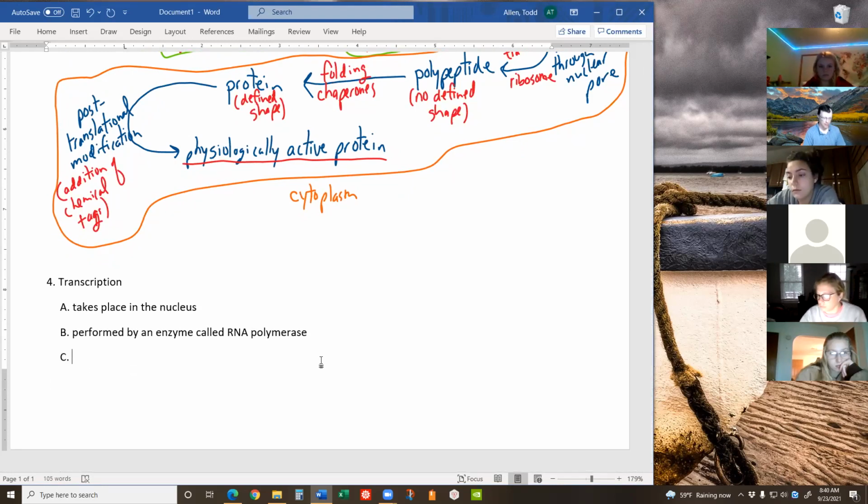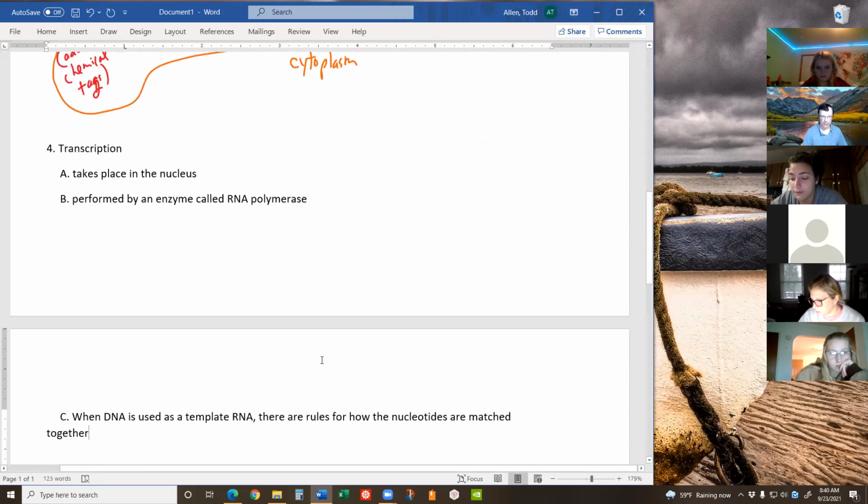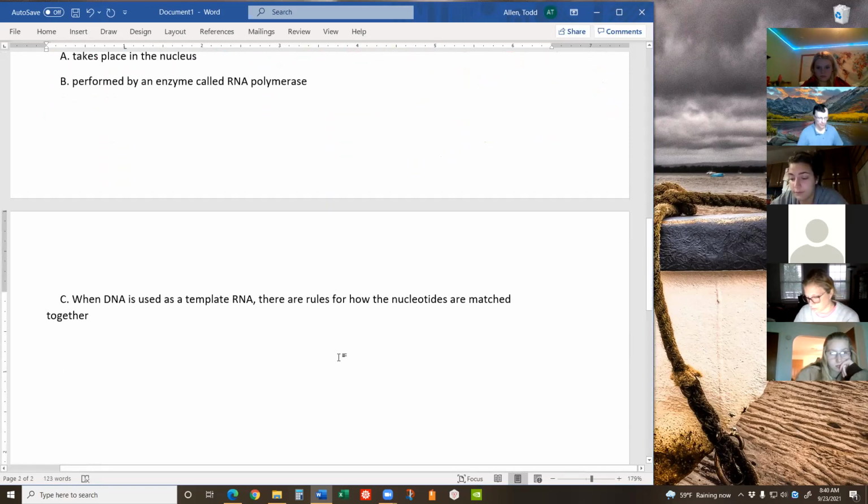When DNA is used as a template to make RNA, there are rules for how the nucleotides are matched together. So if I have a strand of DNA and I'm going to make RNA from it, here's what the rules are.